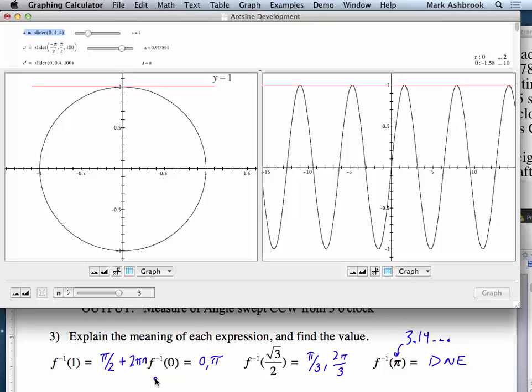So there's really lots and lots of answers, right? If n is any integer, negative or positive. Over on that right-hand graph, it'd be all these x coordinates that would give that y coordinate. Okay, so what about 0?